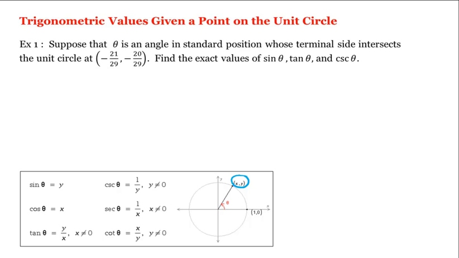Sine of theta is equal to the y-coordinate, cosine of theta is equal to the x-coordinate, tangent of theta is equal to y divided by x, cosecant of theta is equal to 1 divided by y, secant of theta is equal to 1 divided by x, and cotangent of theta is equal to x divided by y.